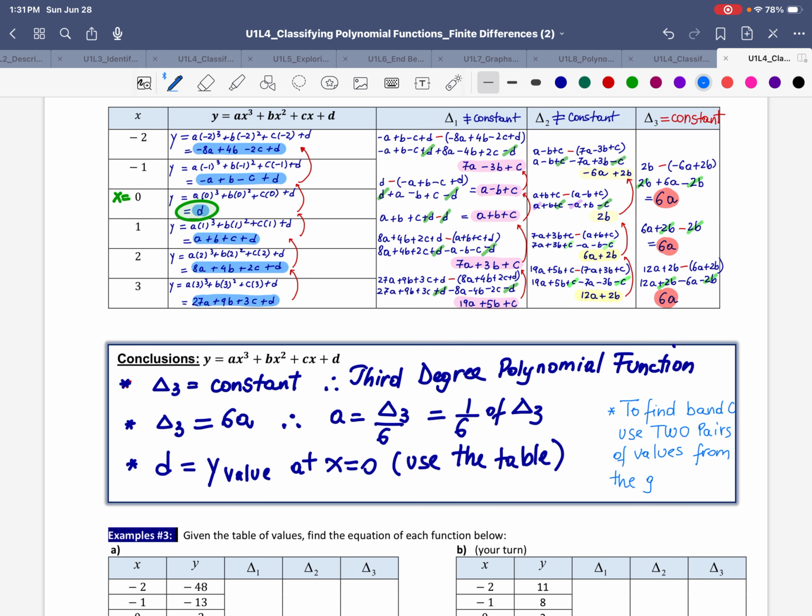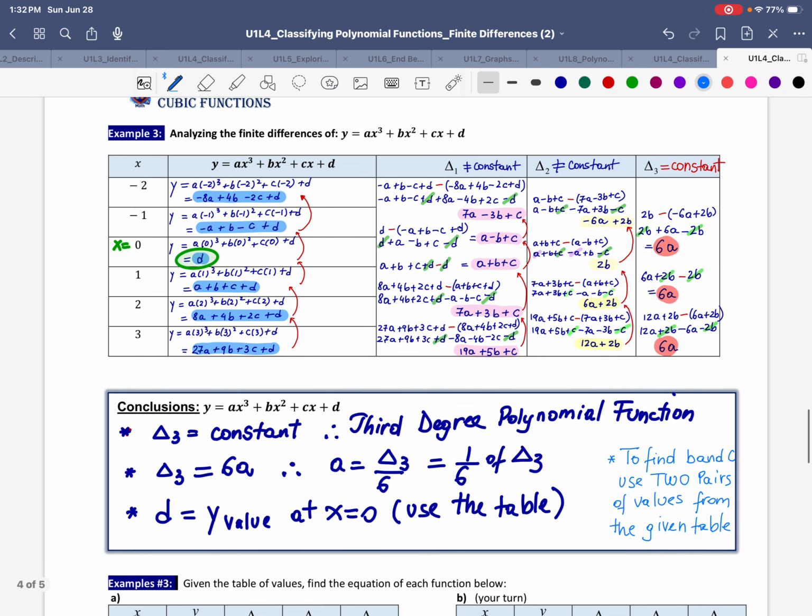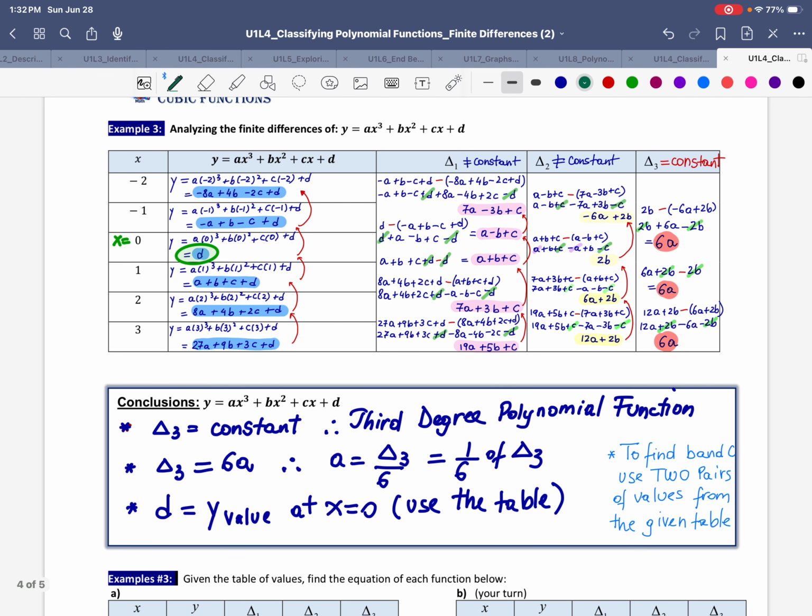And usually I would like to choose the value when x equals 1 because it's an easier ordered pair to work with, and when x equals 2, because why not? So when x equals 1 and when x equals 2, because these are the smaller numbers and they're positive.